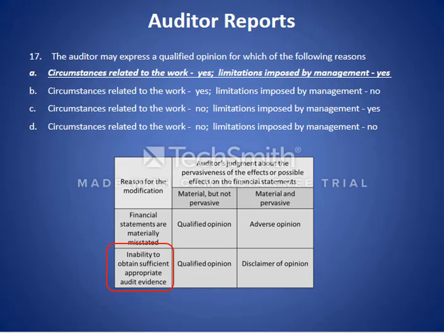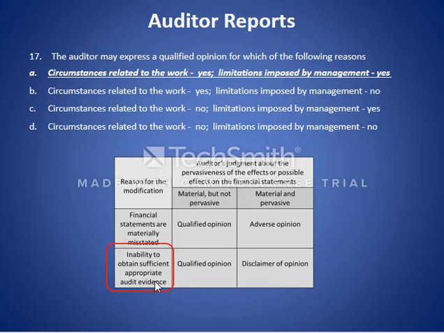So if you look at that circumstance here, we see the reason for modification. Then we have to say, is it because the financial statements are materially misstated, or do we have the inability to obtain sufficient and appropriate audit evidence? In the case of a qualified opinion, which circumstances would that relate to?